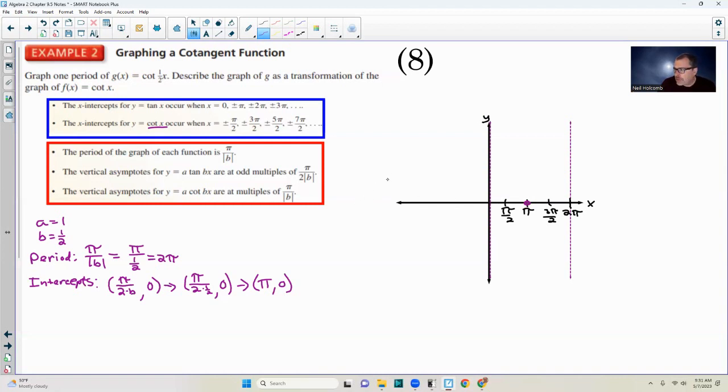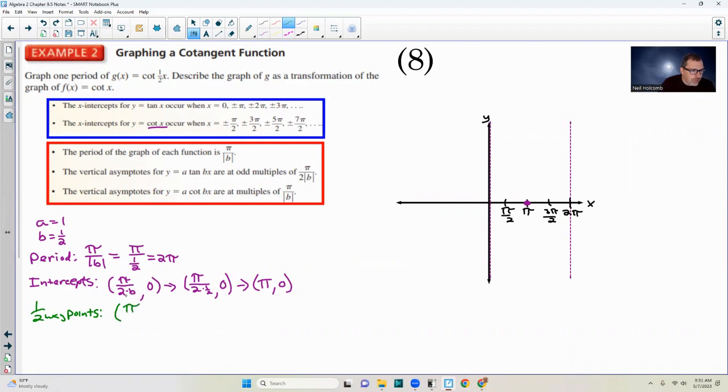And then what we want to do is, I've already done the asymptotes, and the halfway points now would be pi over 2 and 3 pi over 2. All right, so halfways is how the book shows this. It's not going to be pi over 2b.